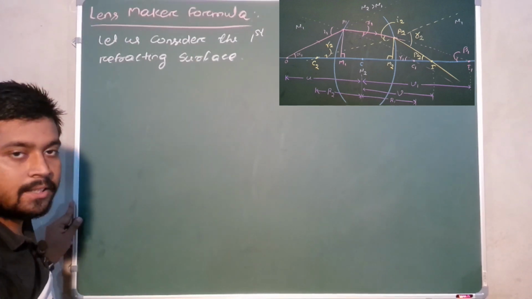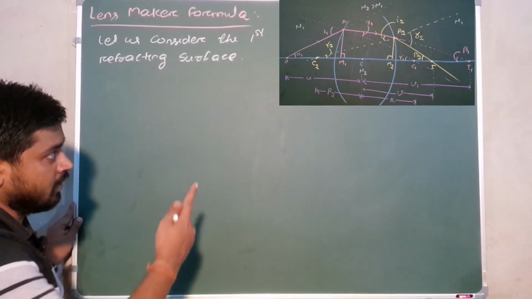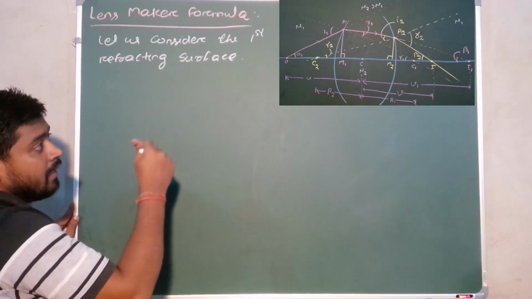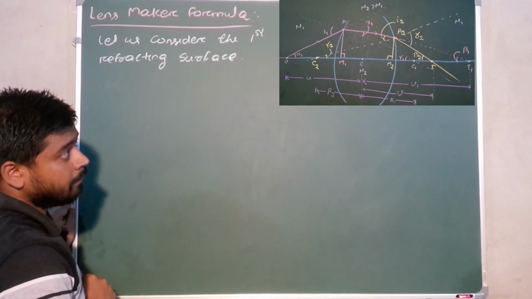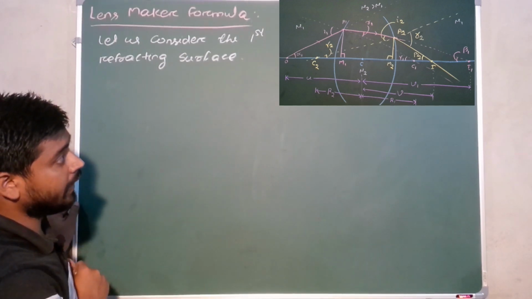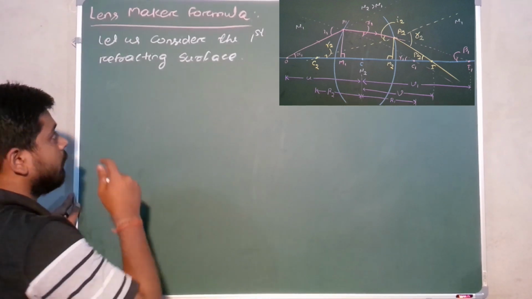In the first refracting surface, we have alpha 1, beta 1, gamma 1. Let's see the diagram. Alpha 1 is the angle made by the incident ray, yes or no? Beta 1 is the angle made by the refracted ray, and gamma 1 is the angle made by the normal with the principal axis. Yes or no? Just write down here.